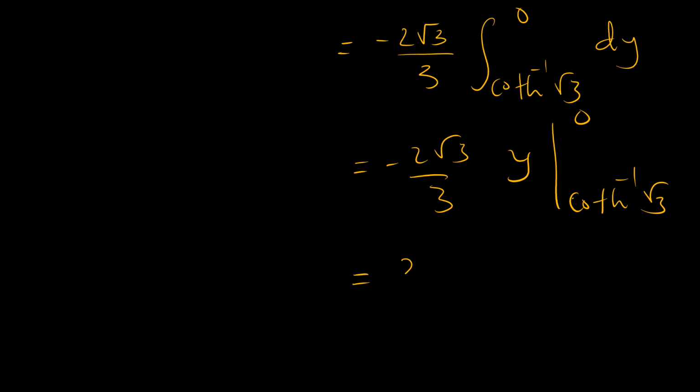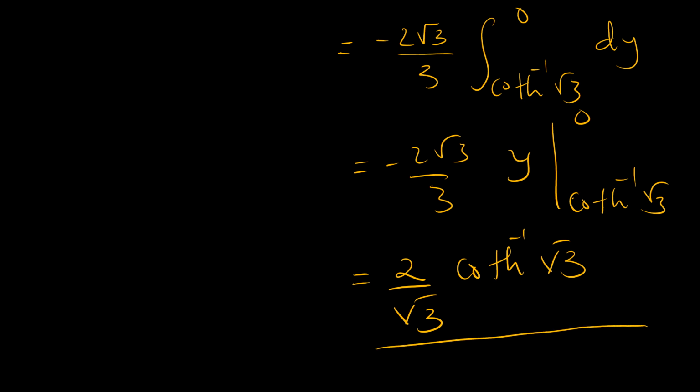So we have 2. Let's just express this as that hyperbolic cotangent of root 3. Now this is our answer, but we can also express it in some other simple format.